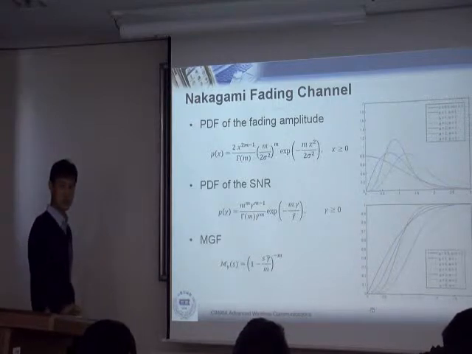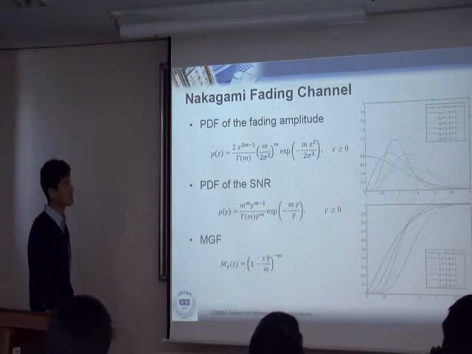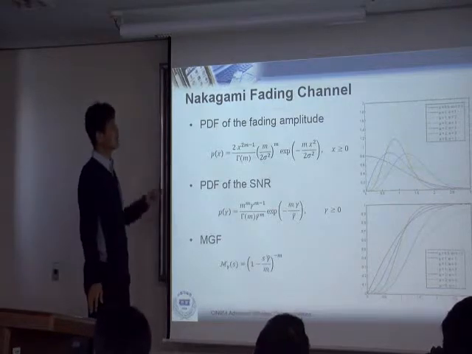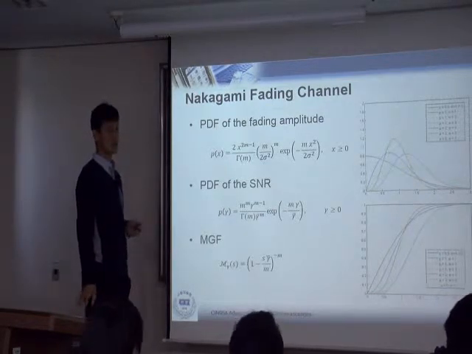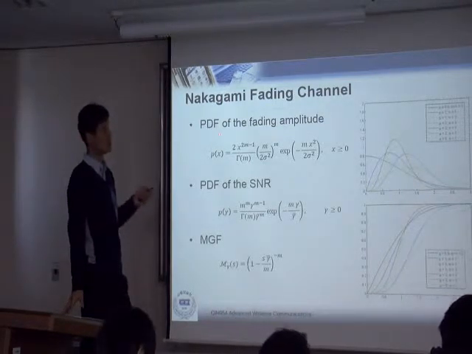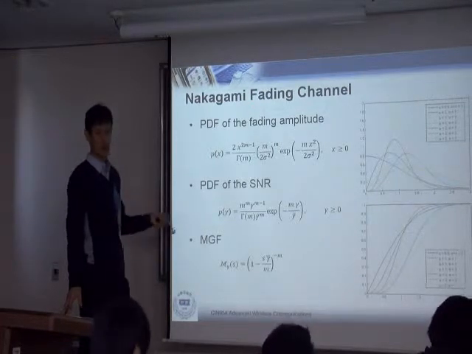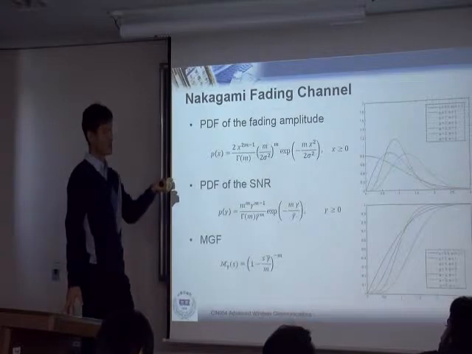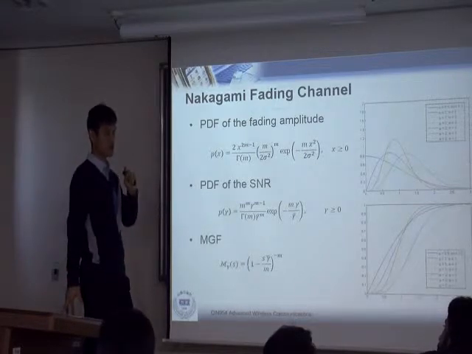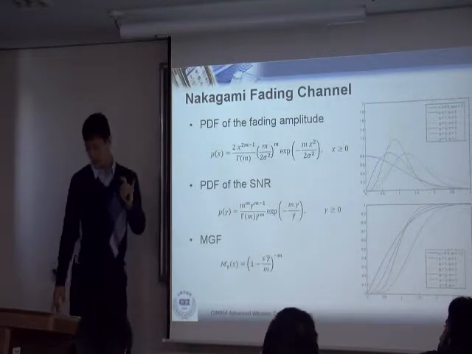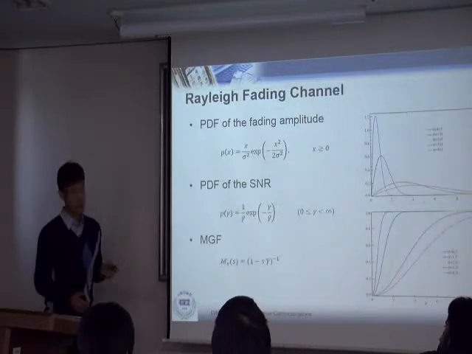Sometimes you also see this kind of fading, okay? This is called the Nakagami fading channel. Sometimes you see this channel. This is a more generalized channel. Earlier in the Rayleigh fading channel, you have only one parameter, right? Go back to the Rayleigh.